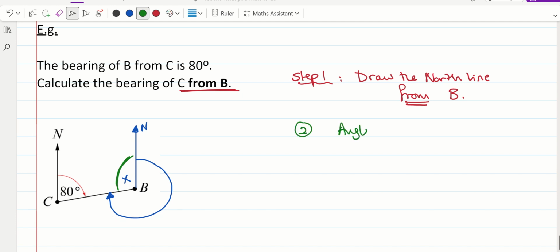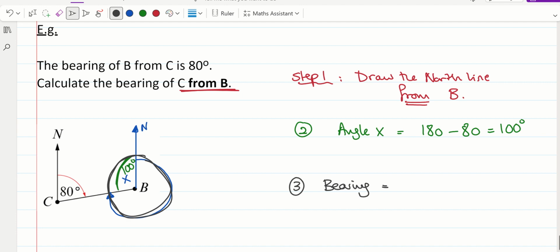Angle X is 180 minus 80, which is 100 degrees. So this is 100 degrees. And of course, we know that our bearing, this makes a circle. So it's going to be 360 minus 100, which is 260 degrees.